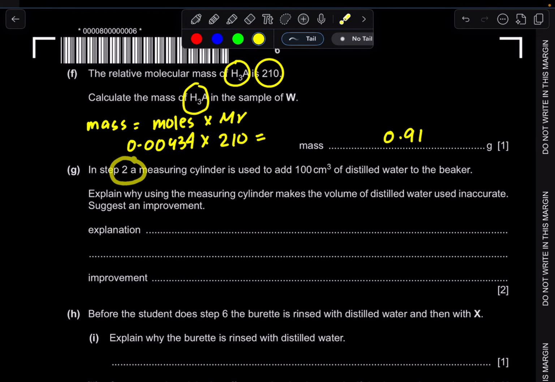In step 2, a measuring cylinder is used to add 100 cm cube. That's not very good. Why? Because a measuring cylinder is not that accurate. Explain why using a measuring cylinder makes the volume of the distilled water inaccurate. Suggest an improvement.